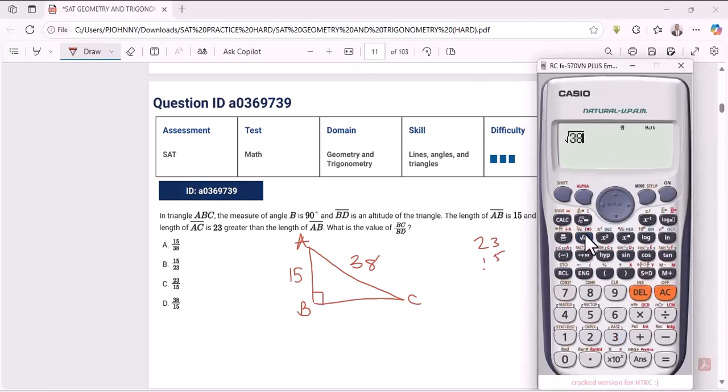That's 38 squared minus 15 squared. So this gives us... doesn't give us a whole number. I think it should.